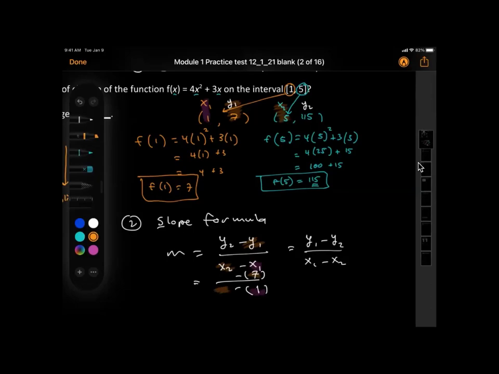So x2 goes in the bottom. And y2 goes here. So that'd be 115.